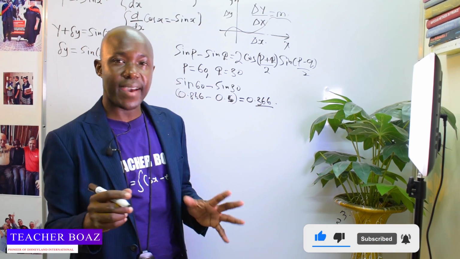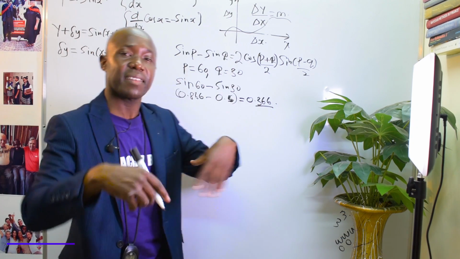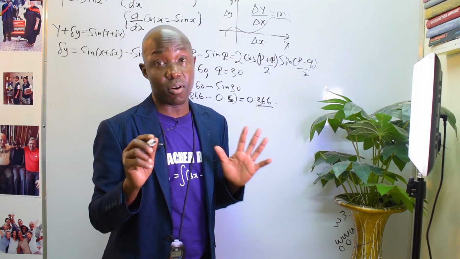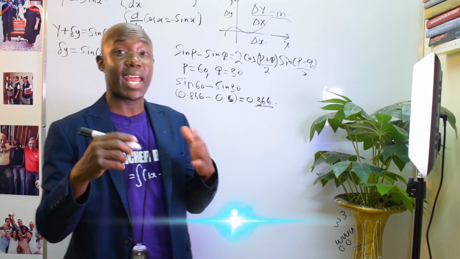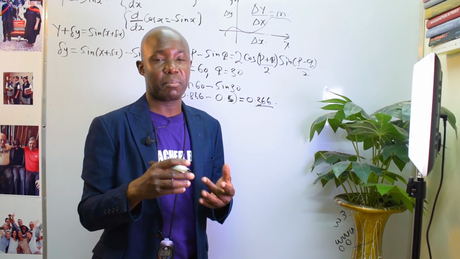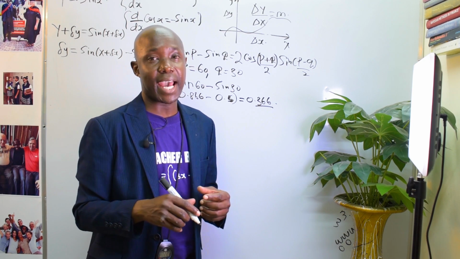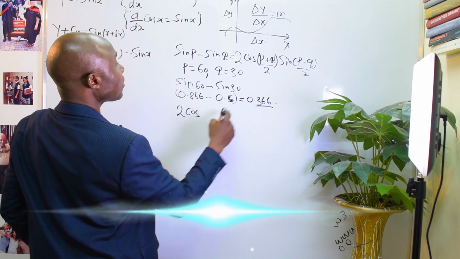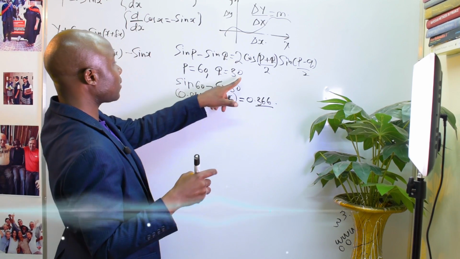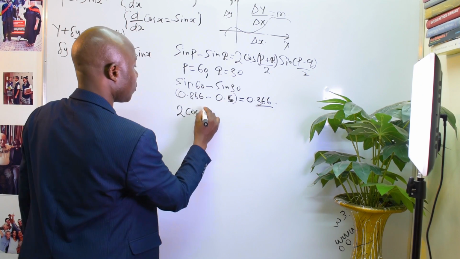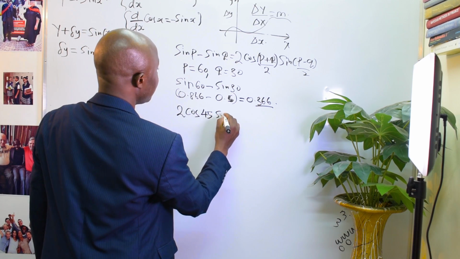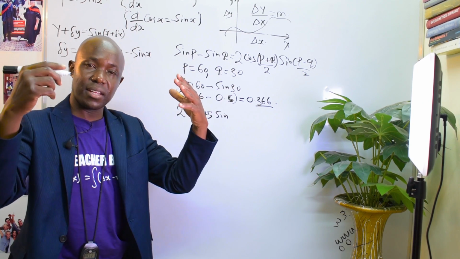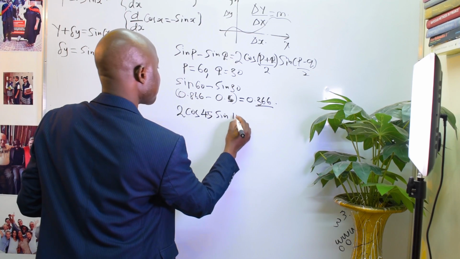Then I want to justify from the numerical to this rule. Does it also work for twice cos (p plus q) over 2 times sine (p minus q) over 2? This is specifically for the A-level students and those doing engineering mathematics and even architecture at the university. So we write twice the cosine of (p plus q): 60 plus 30 is 90, 90 divided by 2 is 45, times the sine of (p minus q): 60 minus 30 is 30, 30 divided by 2 is 15.